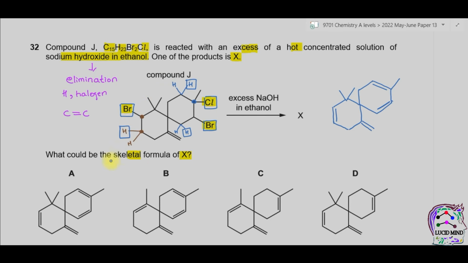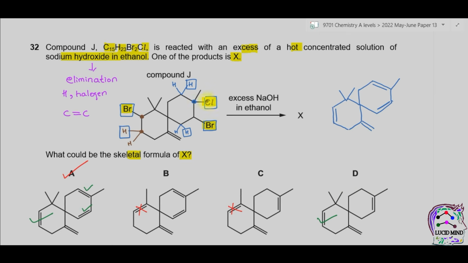Let's look into the given answers. We have double bond in this position, a double bond in this position, and this. So A seems to be correct. In B we can see double bond is here, which is not possible. In C again it is not possible. In D it is in the correct place. Now we can see there is a double bond between these two carbon atoms.